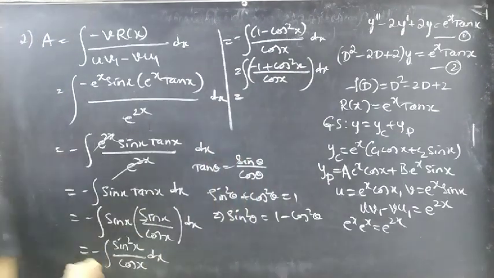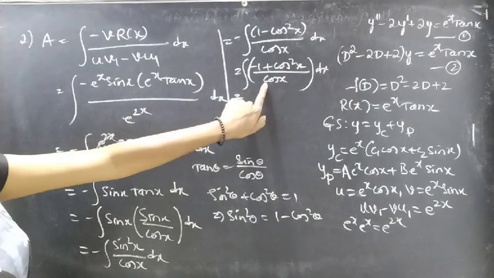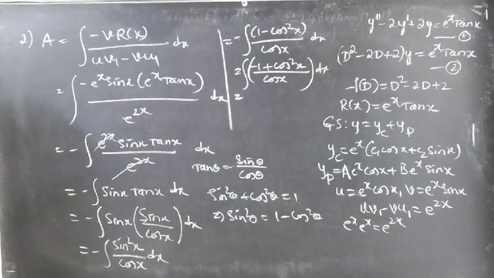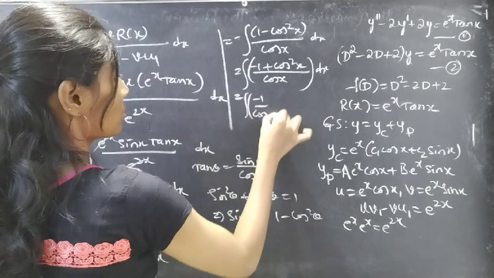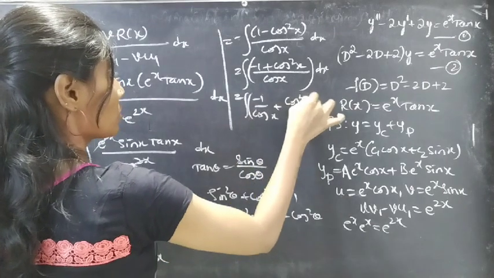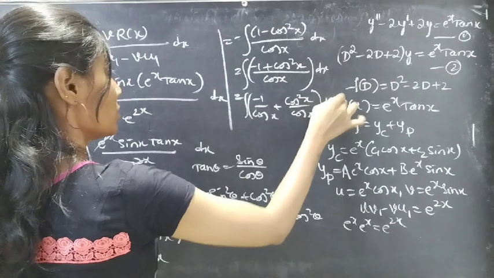In the integrand, the numerator has two terms and the denominator has one term, so we can split the total integrand into two terms. We get minus 1 by cos x plus cos square x by cos x into dx.